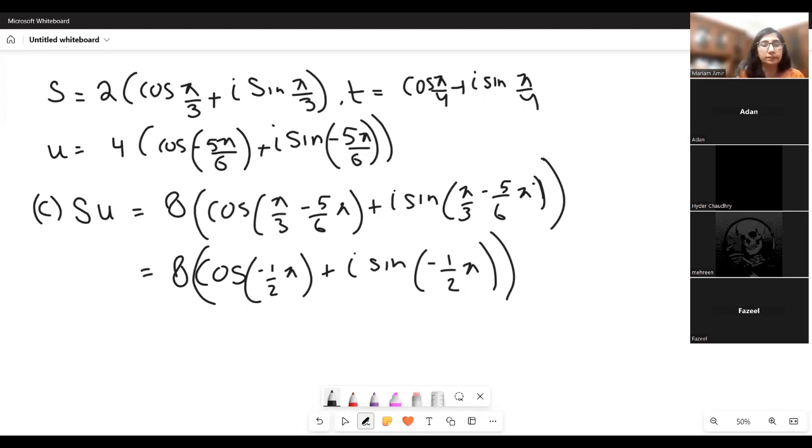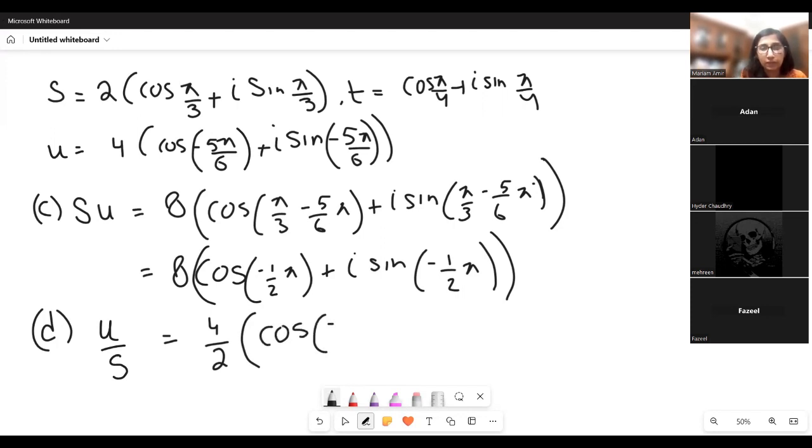Okay, part D, which is U upon S. So let's divide the R of U and R of S. So that's going to be 4 upon 2. And then subtract their thetas. So we get cos.